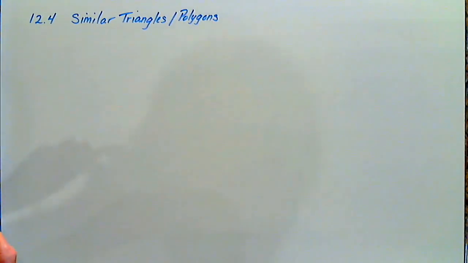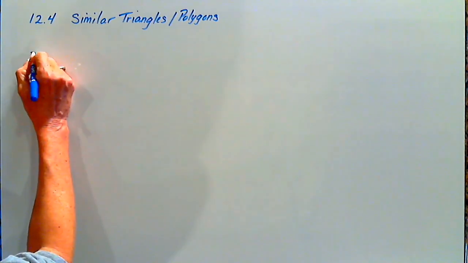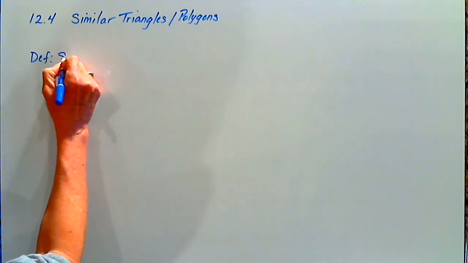All right, today we're going to look at similar triangles and polygons, section 12.4. So we first need to remind ourselves what is meant by similarity.